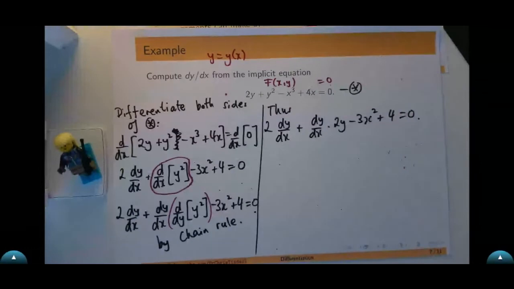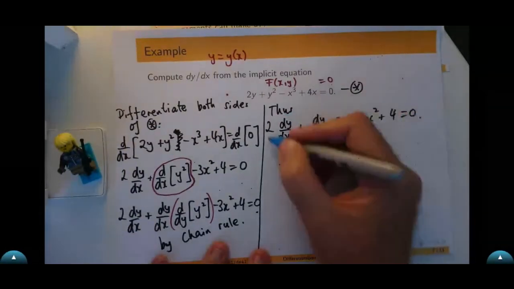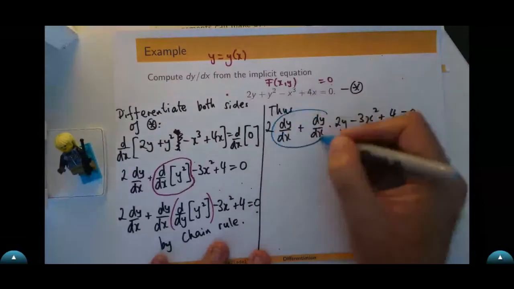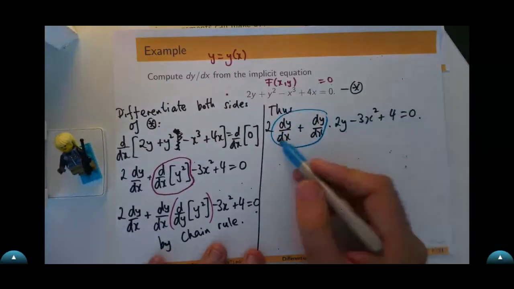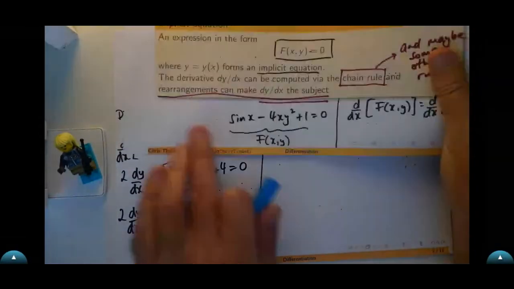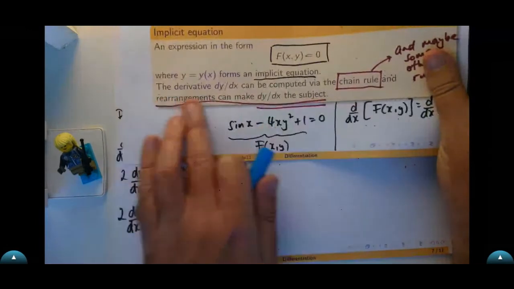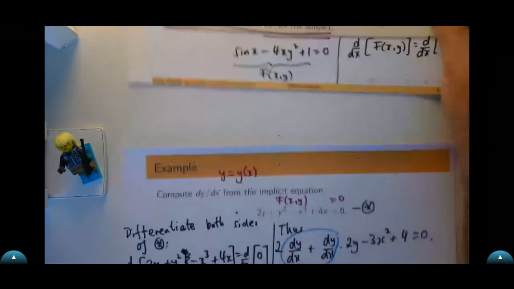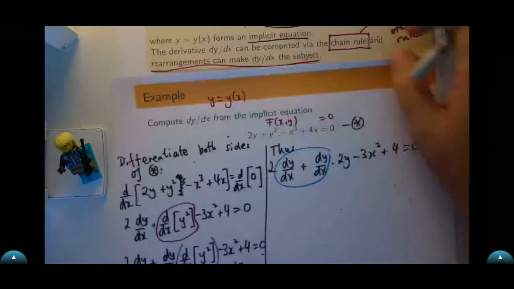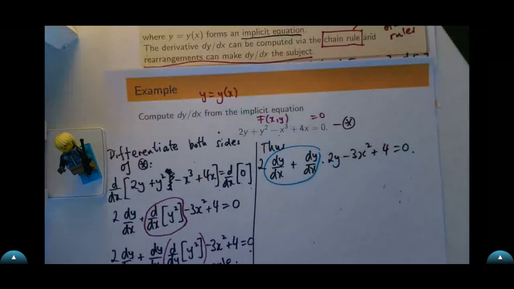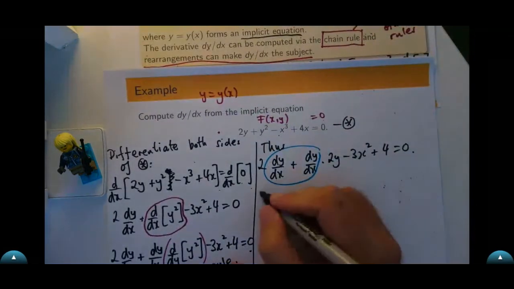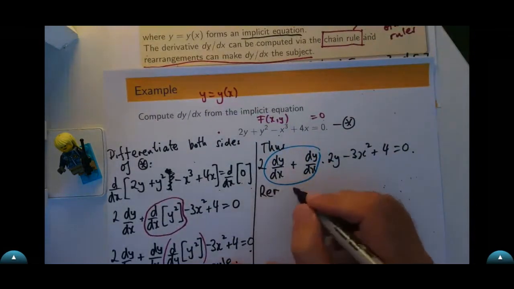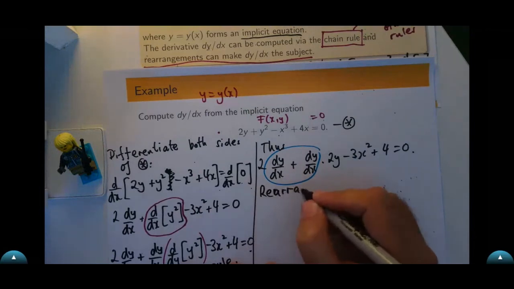All right, so we're going to group these together, rearrange and make dy dx the subject. This is the very last step in the process. So we want dy dx equals something. So last step, rearrange.